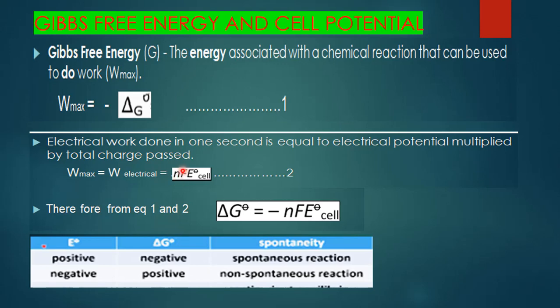So, total charge into potential difference is equal to W max in case of an electrical cell. In case of a chemical reaction, delta G equals W max. In case of a chemical cell, W max equals nFE. So, from equation 1 and 2, we can write delta G naught equals minus nFE naught.